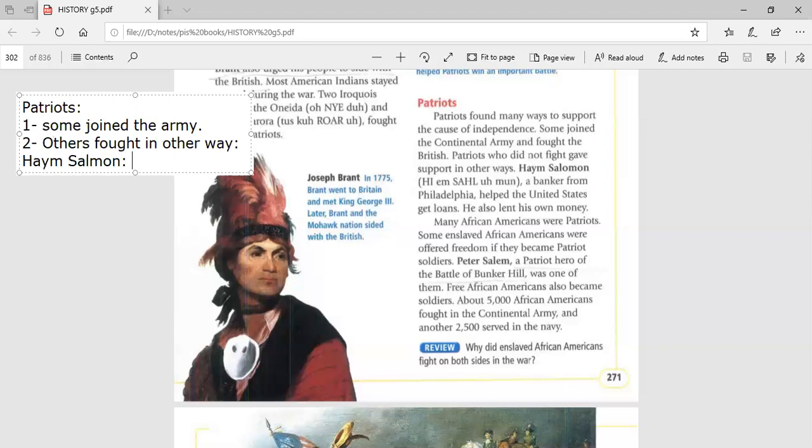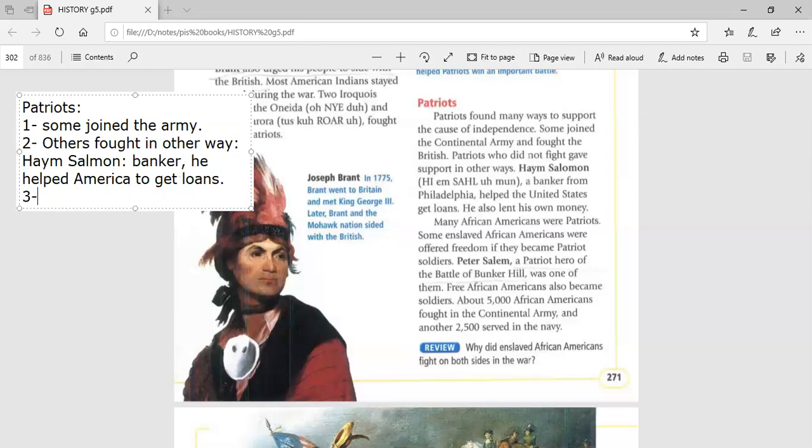He was a banker, and he helped America to get loans from the bank. Okay. Who else joined the army or who also joined the Patriots?